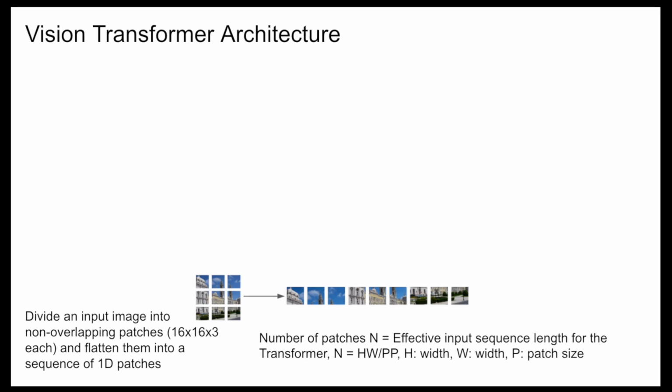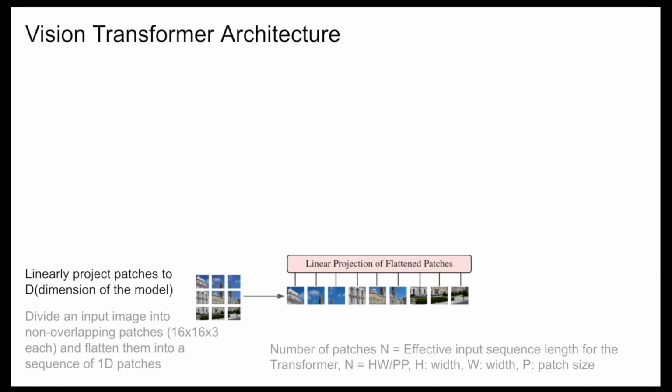So now let's look at the transformer architecture. The first step is patchification, where we take an input image, divide it into non-overlapping patches, and flatten them into a sequence of 1D patches. The second step is to linearly project each patch to the dimension of the model. This D is a hyperparameter that you can tune.